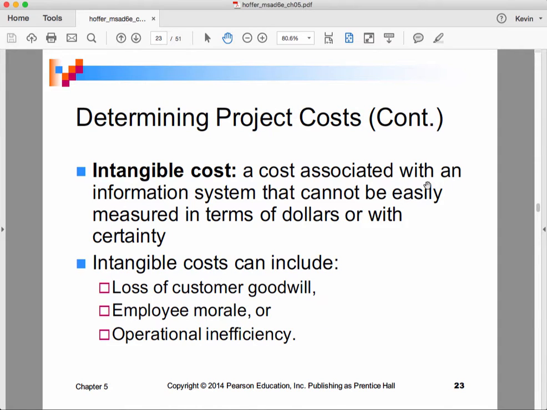And then we can also have intangible costs. That's the costs associated with an information system that cannot be easily measured in terms of dollars or with certainty. So these might include loss of customer goodwill, loss of employee morale, or loss of operational efficiency.